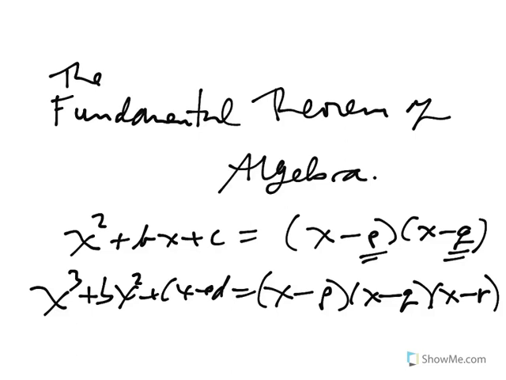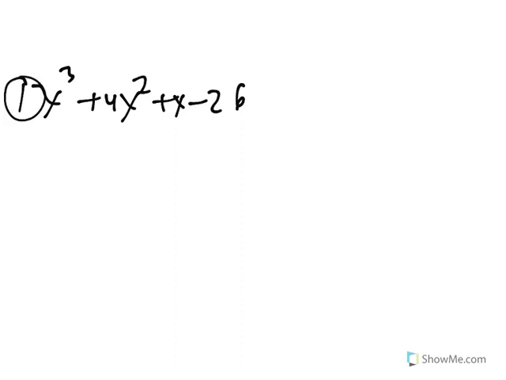So if you have a cubic, for instance, x cubed plus 4x squared plus x minus 26, and since this 1 is here, it's going to be integer. If there's a real root, it's going to be either plus or minus 1, 2, 13 or 26.